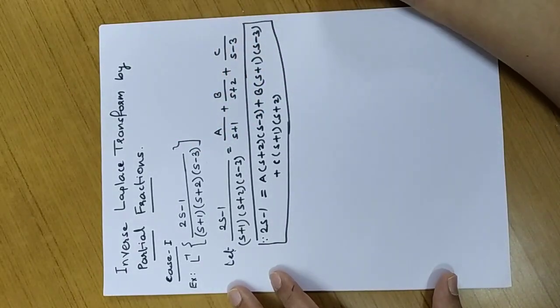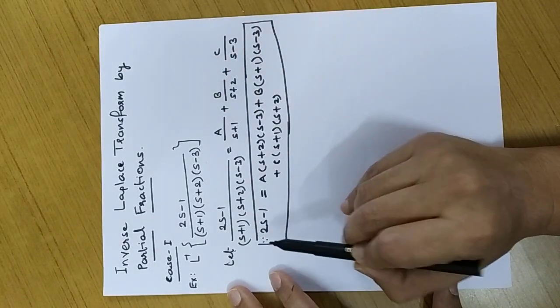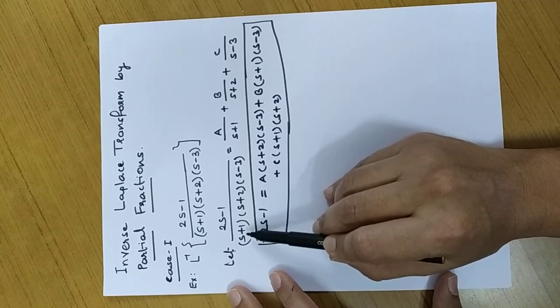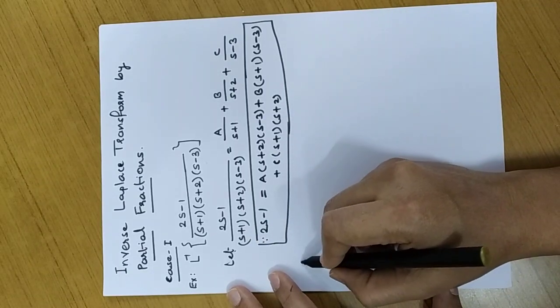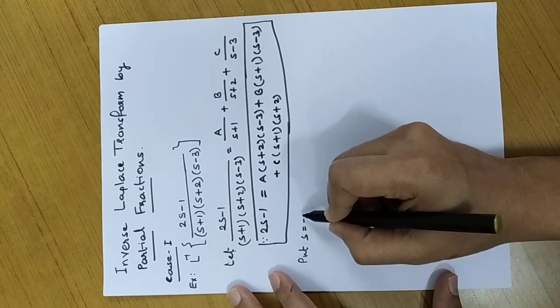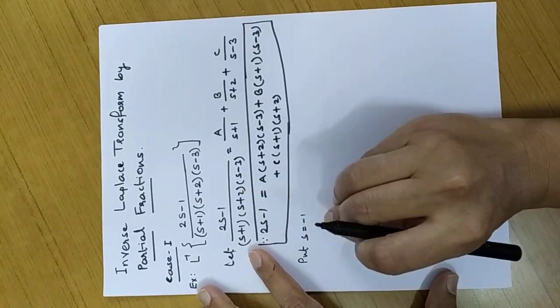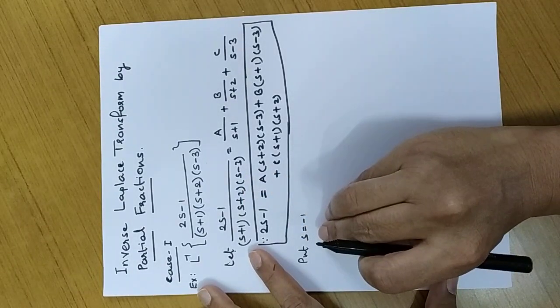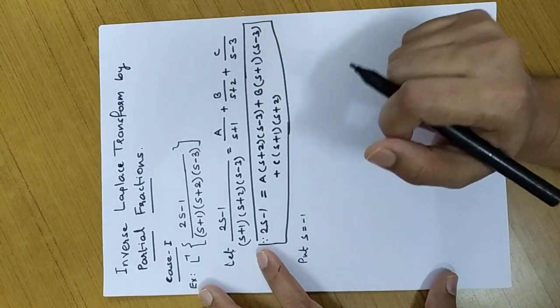How to get the value of A? Put different values of s. How to decide what values will help to find A, B, C?